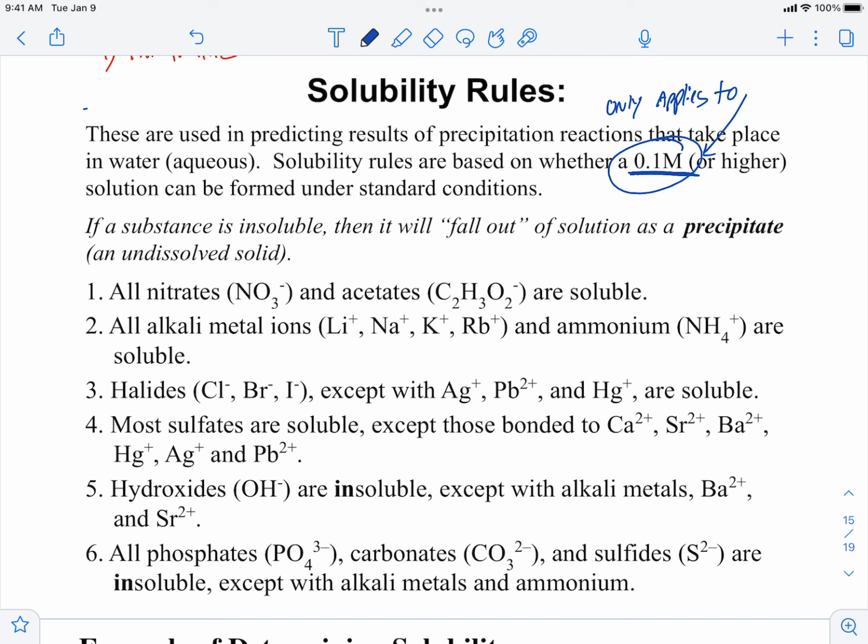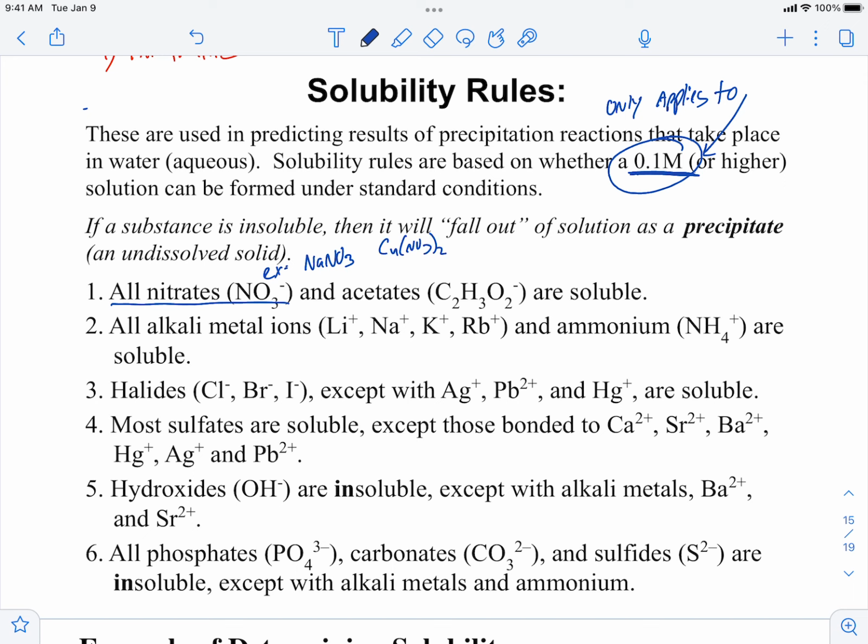All right, first rule, all nitrates. When we say all nitrates, what we really mean is any compound that contains nitrate. For example, this is sodium nitrate. Just for short, we lump it into a category called nitrates. It's a compound that contains nitrate. Here's another one.